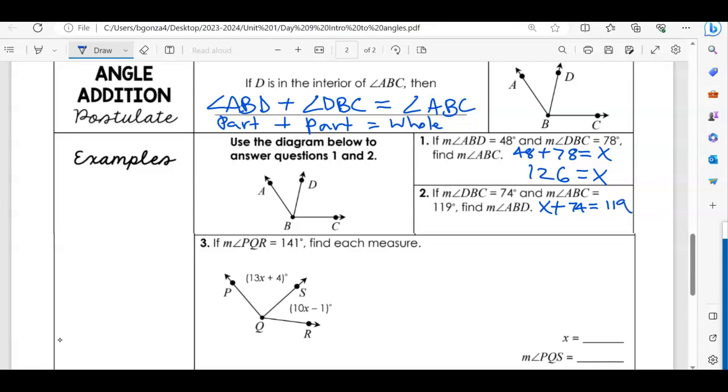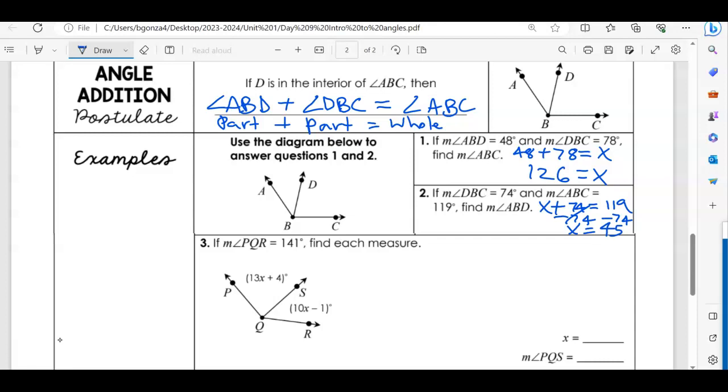Do you see how the equation looks a little different, because X is not the whole thing, X is the missing part? So how do I get X? What do I do with that 74? This time we need to subtract 74. So what is 119 minus 74? 45. All right. That is it.